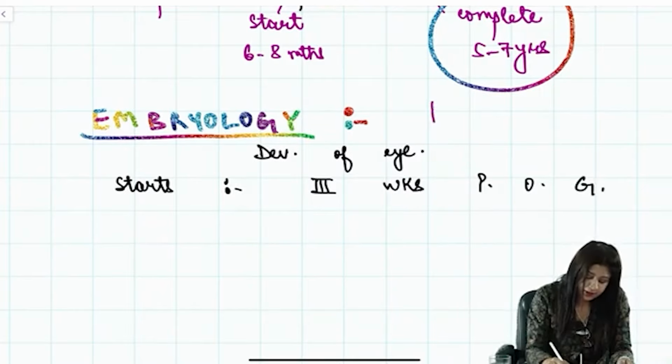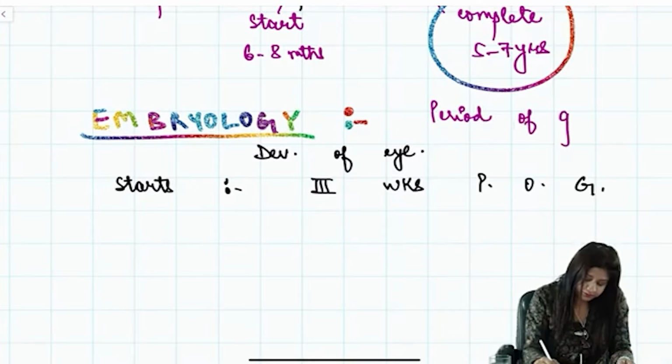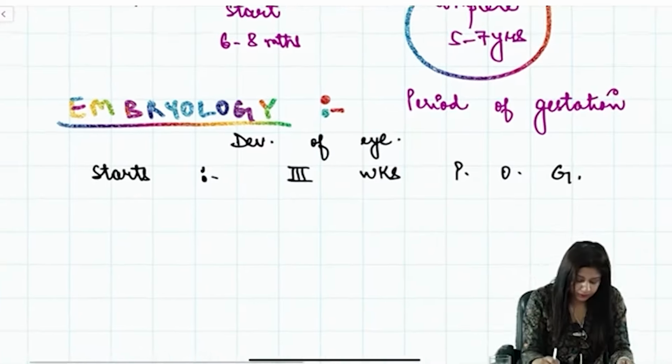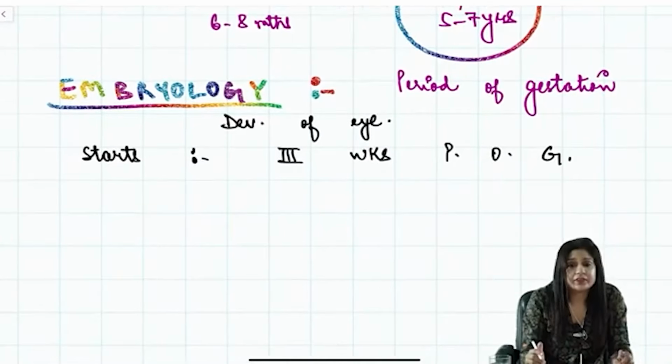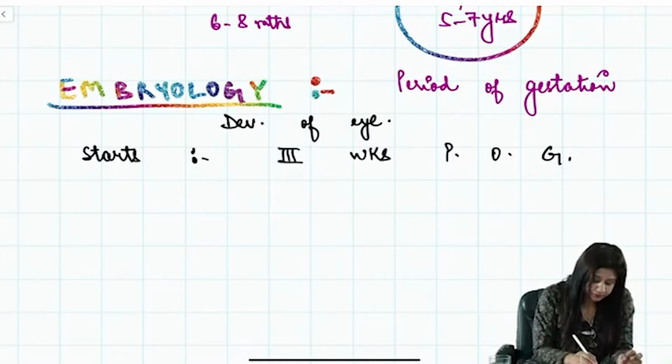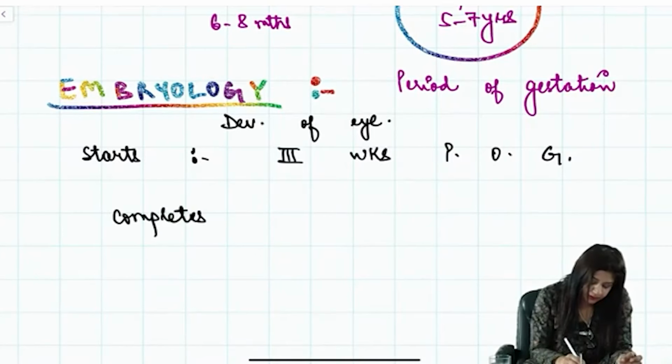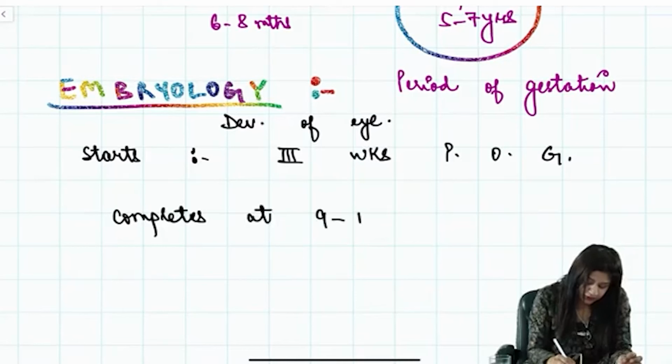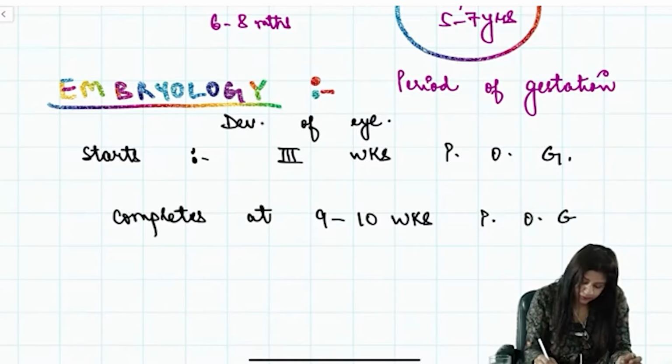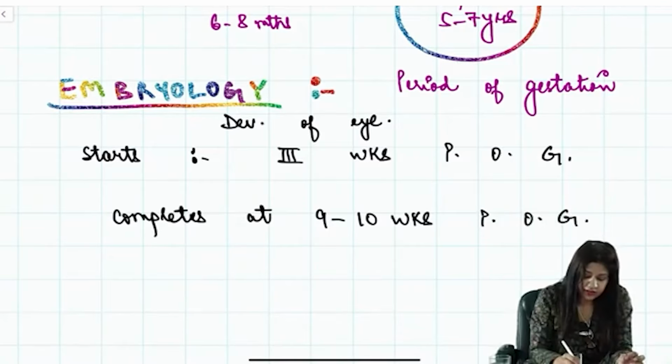POG means the period of gestation. It starts at 3 weeks and completes at 9 to 10 weeks.